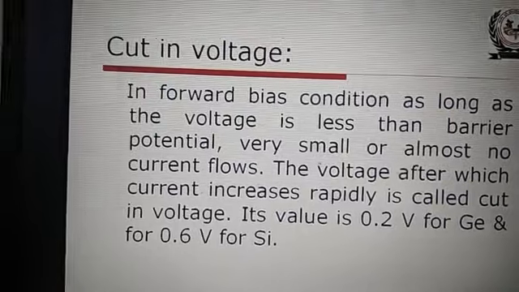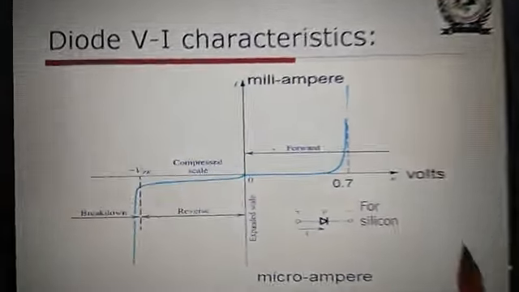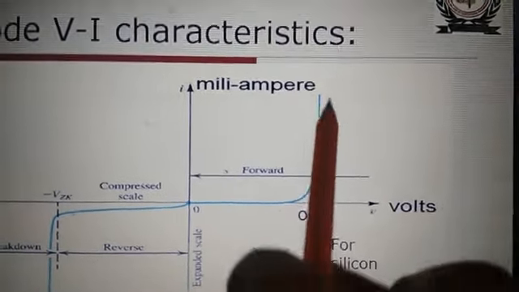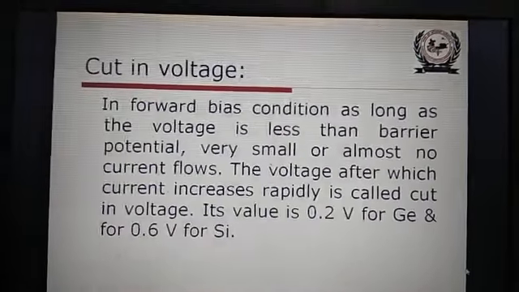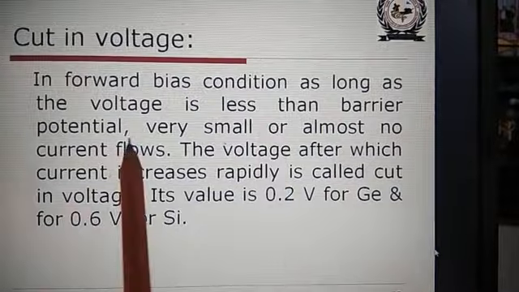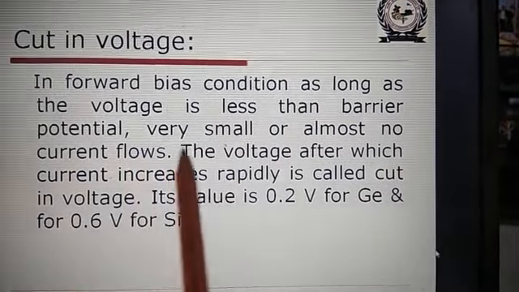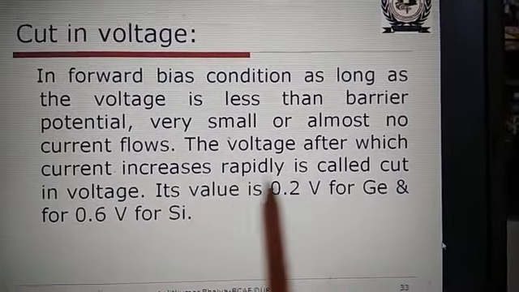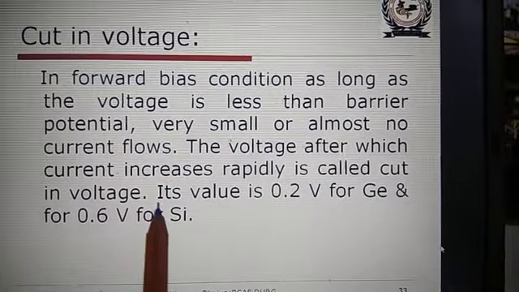Now, what is the cut in voltage? I have already told you in the characteristics. You can see this voltage is called the cut in voltage, where the current suddenly increases in forward bias. In forward bias condition, as long as the voltage is less than the barrier potential, very little or almost no current flows. The voltage after which the current increases rapidly is called the cut in voltage.